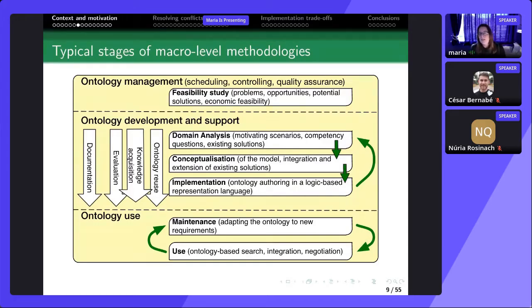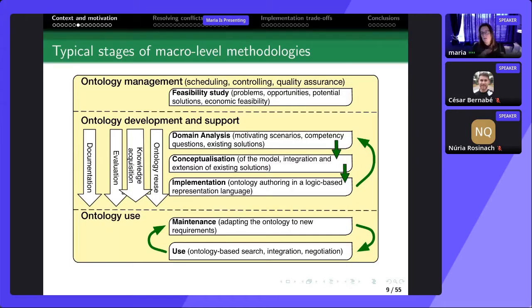Then with respect to the ontology development process that you see there in the middle, you have a notion of domain analysis. What subject domain are you going to represent in your ontology? You may want to have an intermediate stage with what is called a conceptualization. It's basically drawing, for instance, pictures, or having some structured, quasi semi-structured way of representing it.